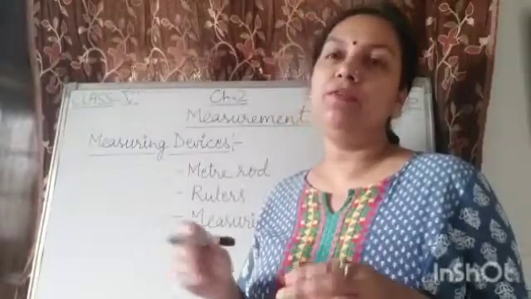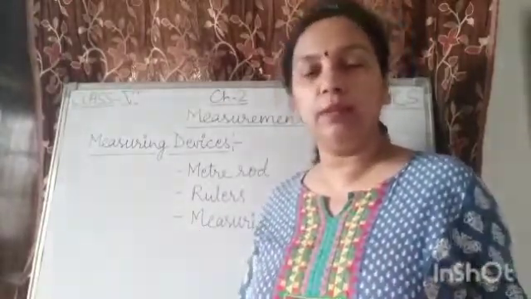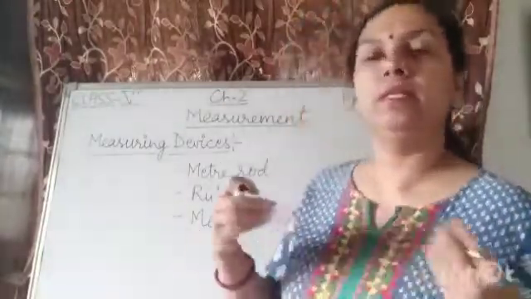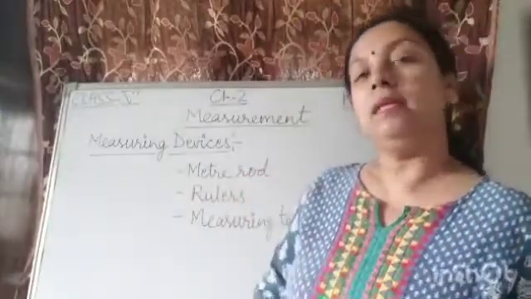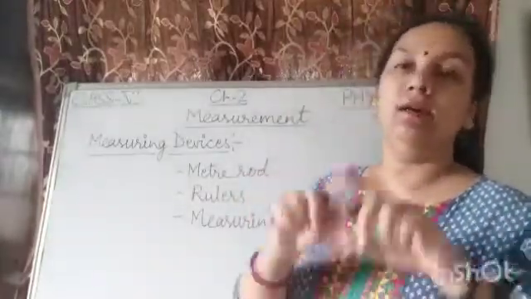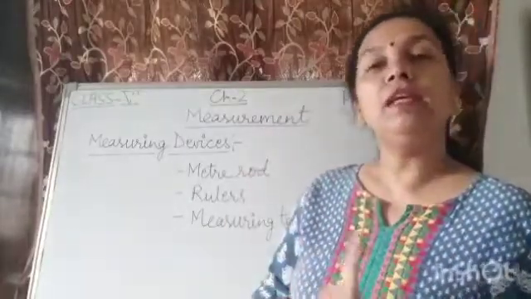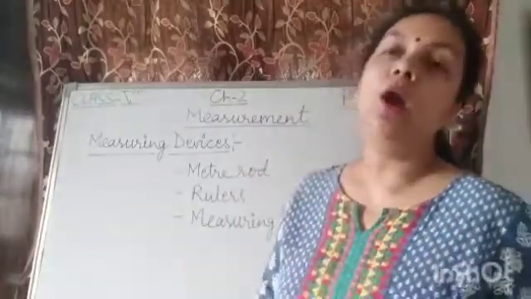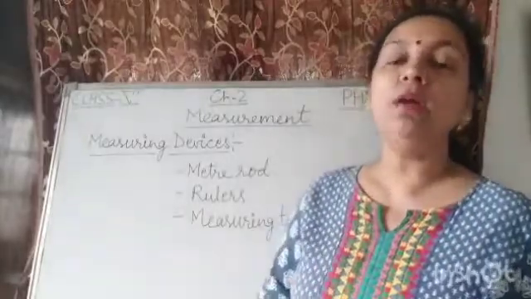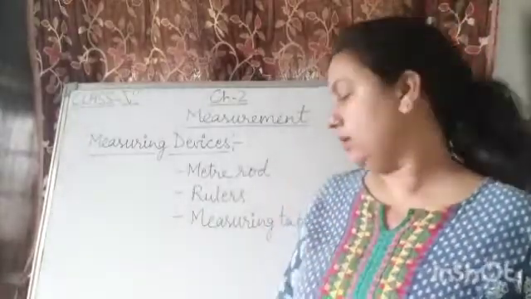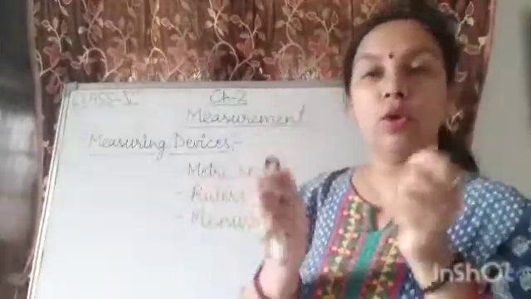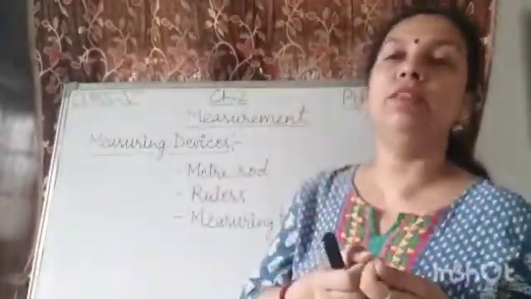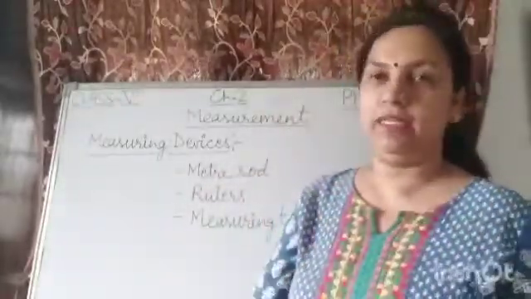So if the object is straight, we can use either a meter scale or a measuring tape. For example, if we have to measure the length of a table, we can use a meter scale or a measuring tape. But if the object is round, then we can't use a ruler or a meter rod. We have to use a measuring tape to measure the length of that round shaped object.